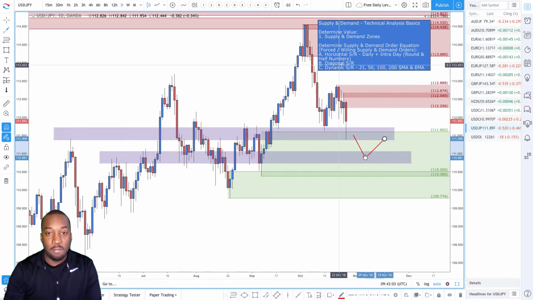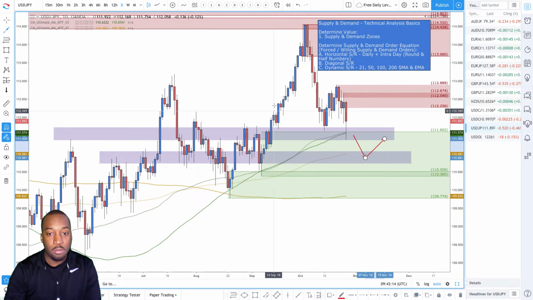And you would do the same thing for diagonal and dynamic support and resistance, which is just moving averages, the 21, 50, 100 and 200 EMAs and SMAs that you plot on a chart, as some confluence. We've got the 100 EMAs and SMAs coming into that area, and you can start to see it react.